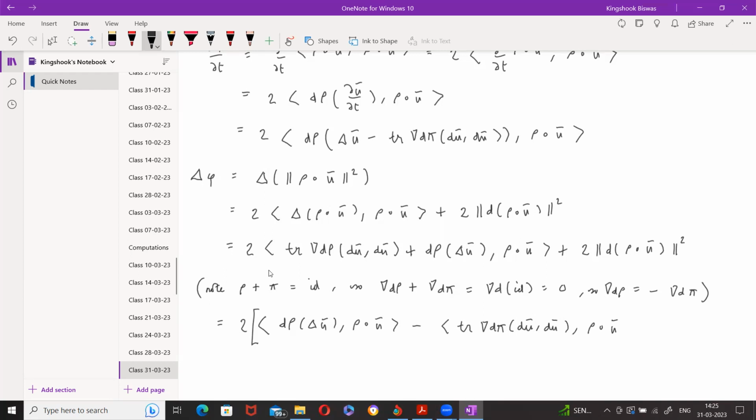All right. Okay. Plus this twice norm of d rho composed with u bar whole squared. Okay.